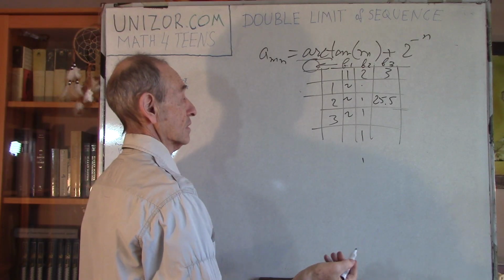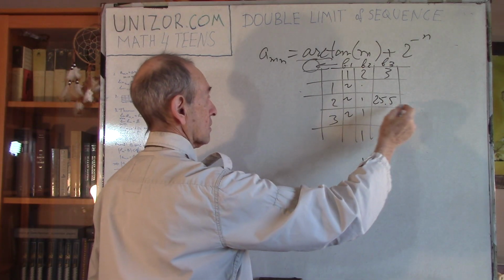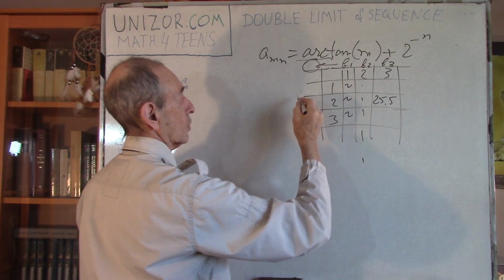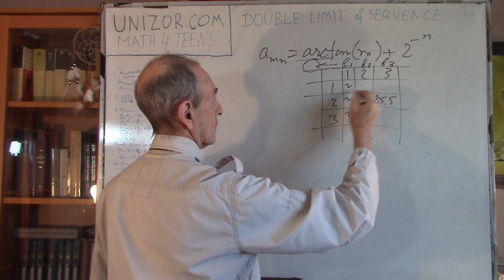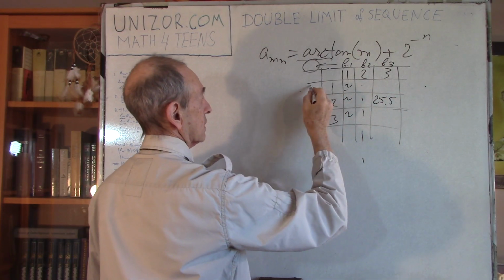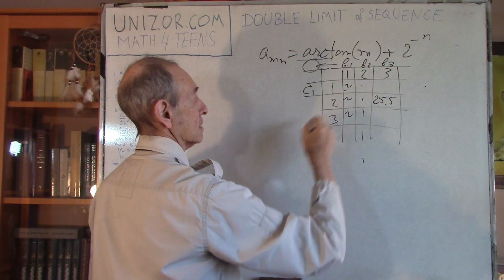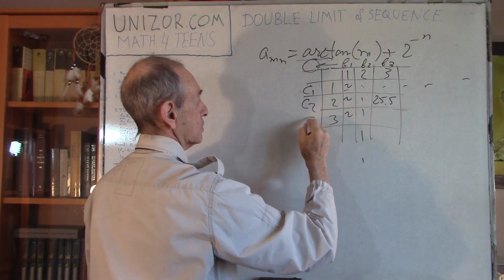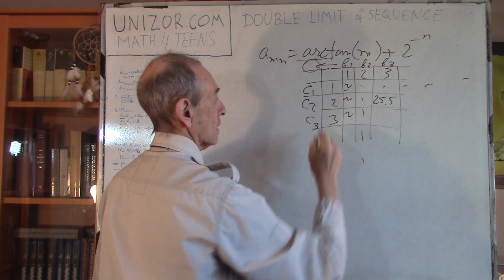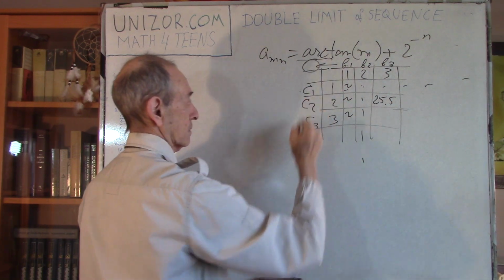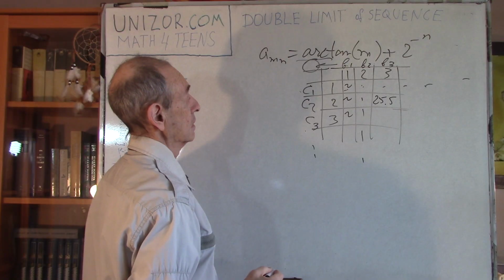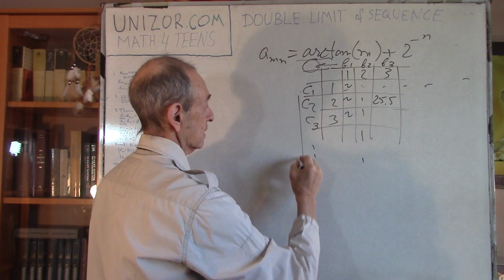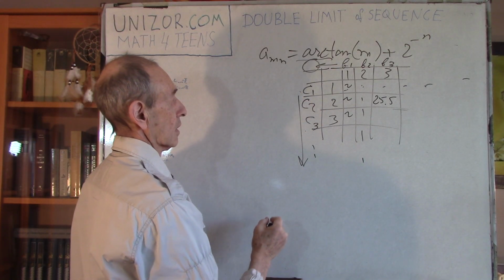Alternatively, I can go horizontally. So I can go along this particular row and get some kind of a number C1 as the limit of these numbers to infinity, then C2, C3, etc. For every row I can get some kind of a limit, and then I can see where these limits are going.